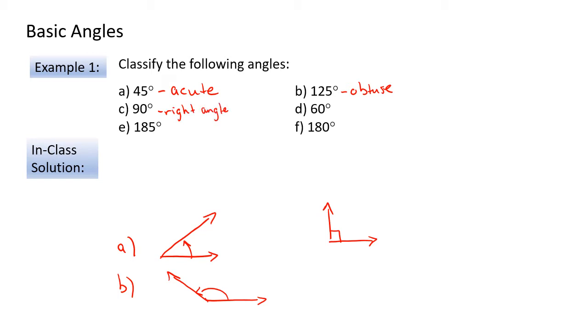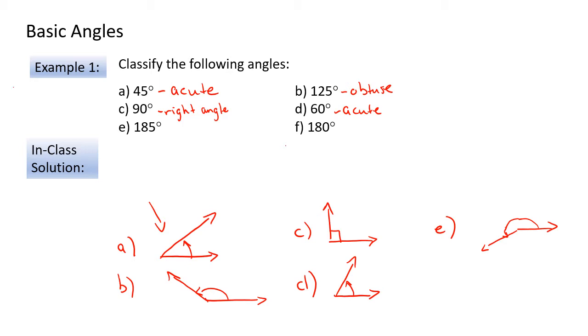D, again, is less than 90 degrees. So it'd be a little bit taller than what we did in A, but again, still an acute angle. E, 185 degrees, would look something like this, right? Because the first quadrant is 90 degrees. The second quadrant goes another 90 degrees. So if it was straight, it would be 180. And then it goes further, into quadrant number 3.